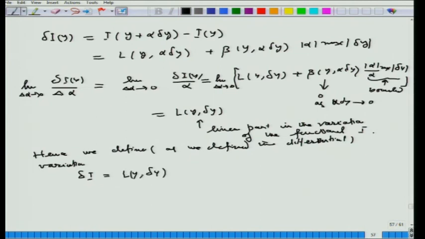Here we should change this notation; this is delta I at y.